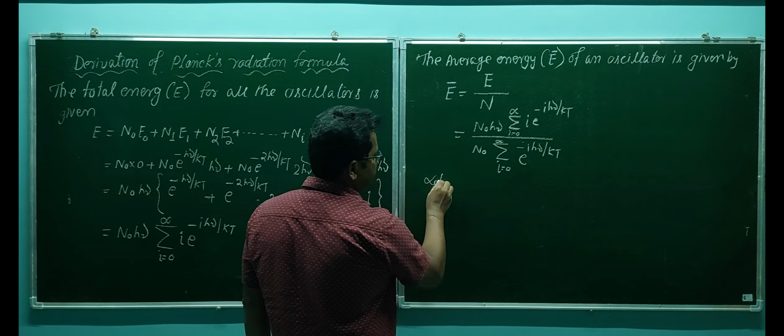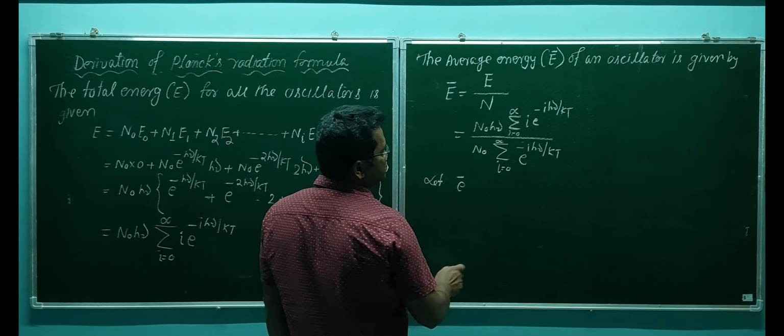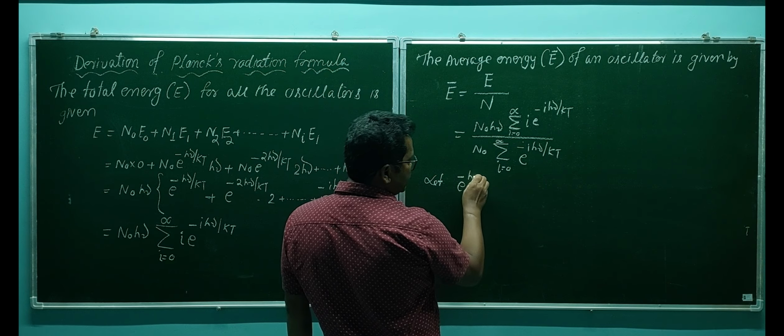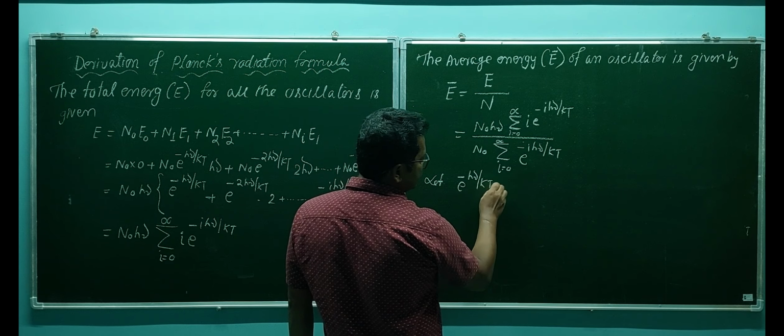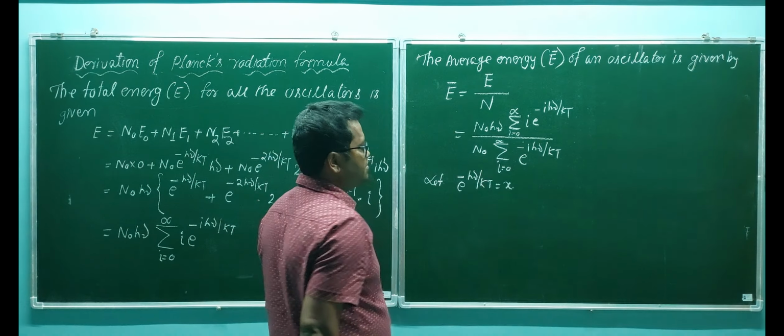Let e to the power minus h nu by kt equal to x.